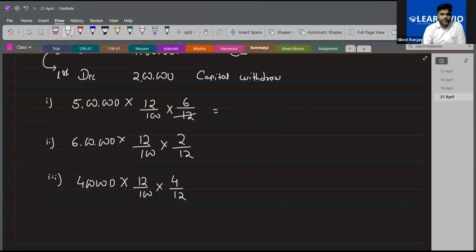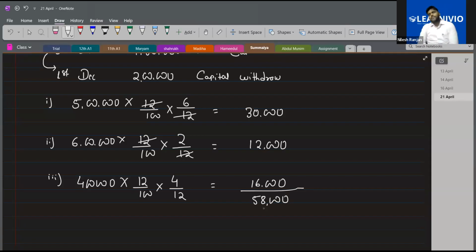Now the amount will be 30,000, 12,000, then 16,000. So total interest is 58,000.